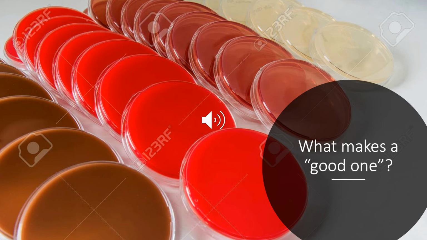What makes a good enriched media? The final properties an enriched media should contain are the presence of the standard medium and its respective ingredients, such as those found in a standard agar plate, and along with that, you want the addition of the nutrient of interest that you need to grow the fastidious microorganism species you are interested in.